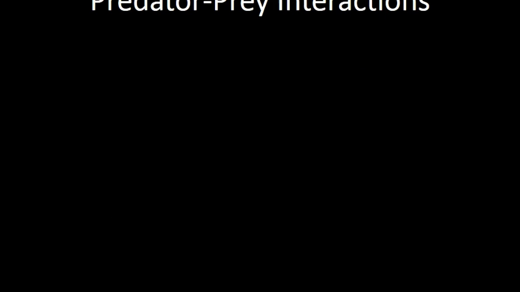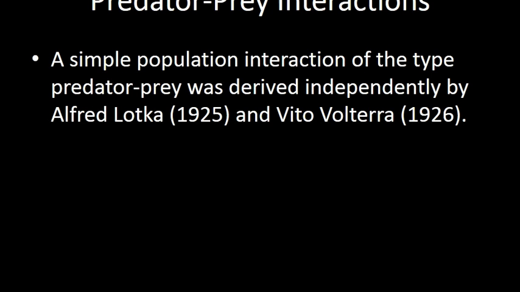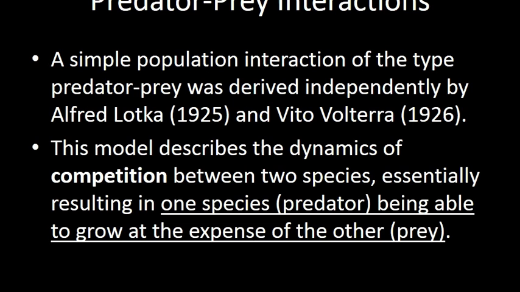So let's talk about the predator-prey interactions. A simple population interaction of the predator-prey type was derived independently by two scientists, Alfred Lotka in the United States and Volterra in Italy, at about the same time. And the model that both of these came up with describes the dynamics of competition between two species.